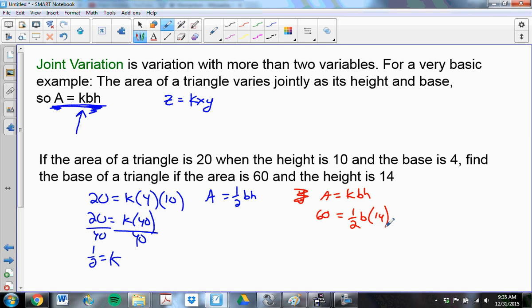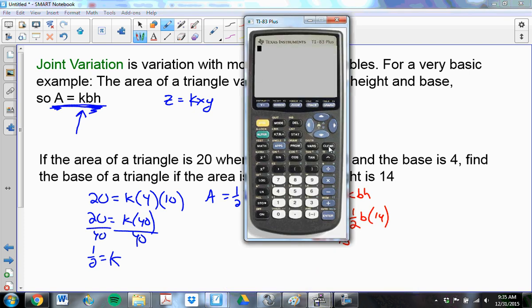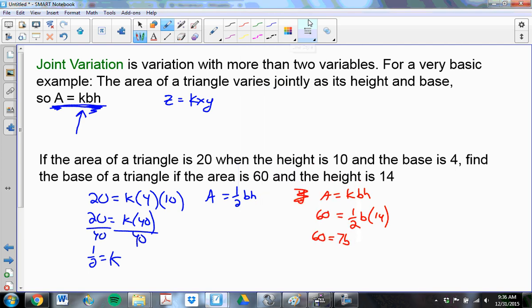Well, 1/2 times 14 is 7. 60 divided by 7 is 8.6. Base is about equal to 8.6. So there's joint variation. It's just got multiple variables in it. Don't let that throw you off. You're still doing the same thing. There's just going to be a few things taking place.